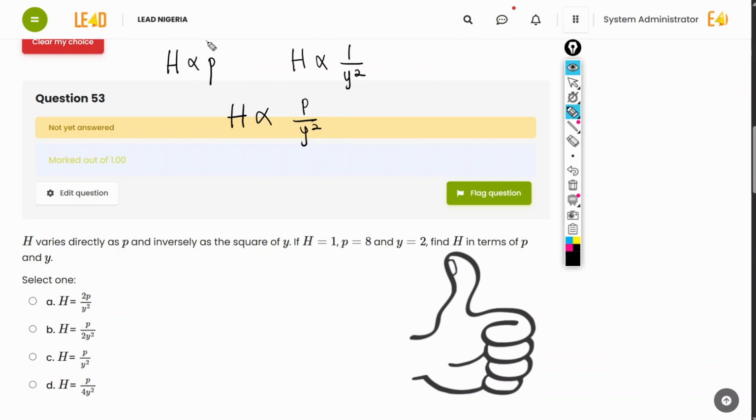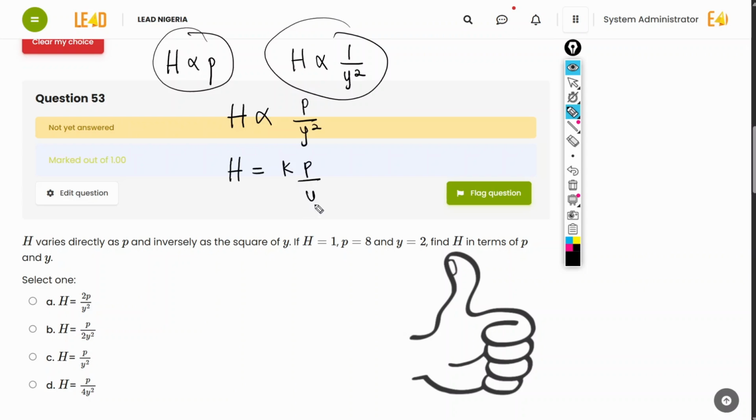So I've combined what is going on here and what is going on here to produce this. I can continue with this, make it into an equation, introduce a constant, and it will become H is equal to KP over Y squared.